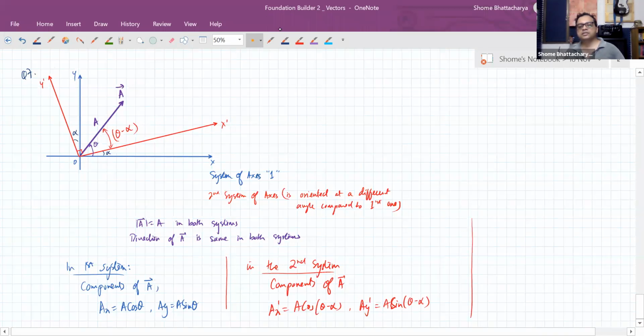So you can see that in conclusion, Ax is not the same as Ax prime, Ay is not the same as Ay prime. Therefore, components are affected by the coordinate system used.